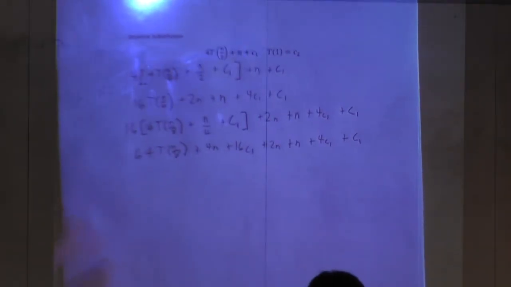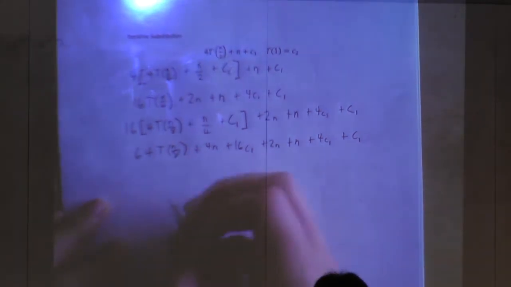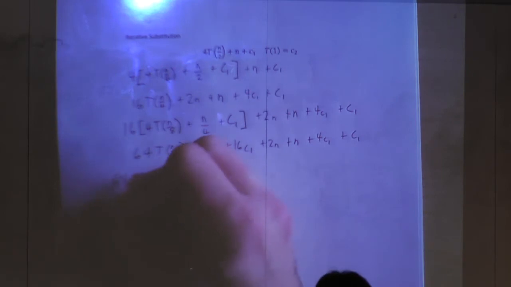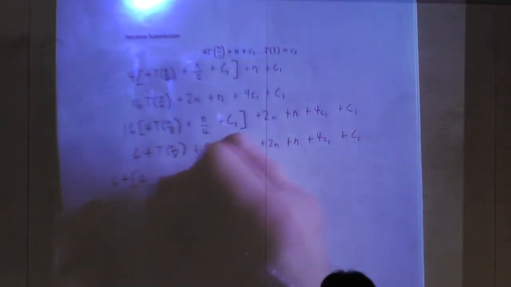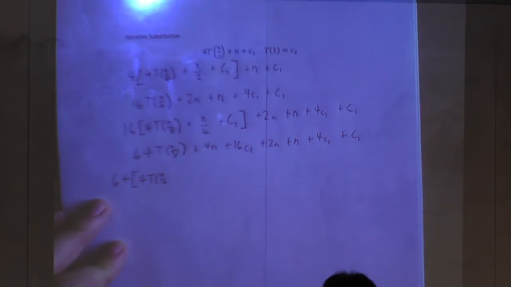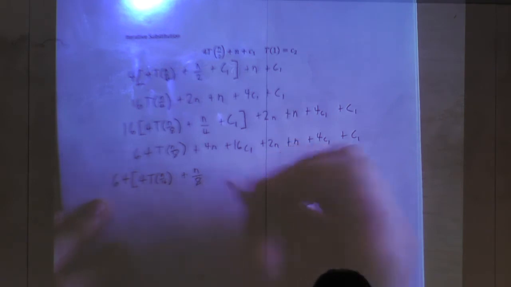Okay. Now, going from here, we're going to take it one more step just to make sure that we've got the pattern down. So we need t of n over 8. So we're going to say 64, and then t of n over 8 should be equal to 4t of n over 16, and then plus n over 8, then plus c1.